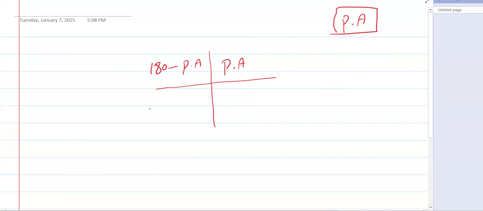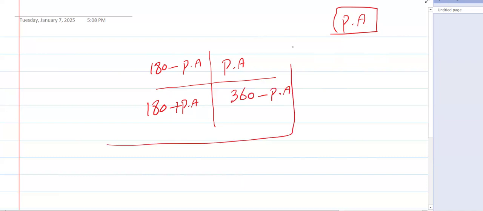The way to write in the third quadrant is 180 plus principal angle. And the way to write in the fourth quadrant is 360 minus principal angle. Remember this also, because we have to use it. Is it clear?